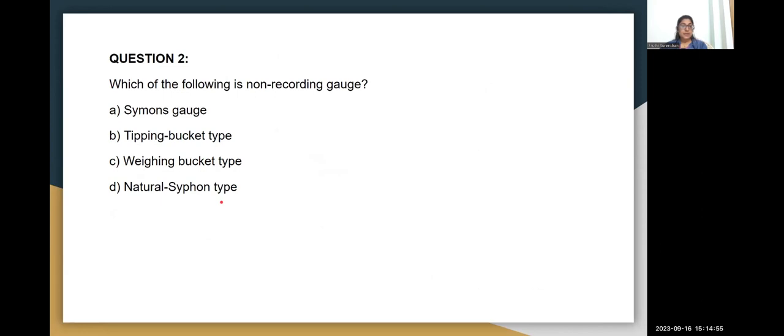Now the second question, which of the following is a non-recording gauge? Is it Symons gauge, tipping bucket type, weighing bucket type, or natural siphon type?